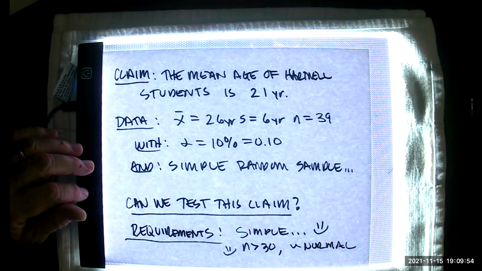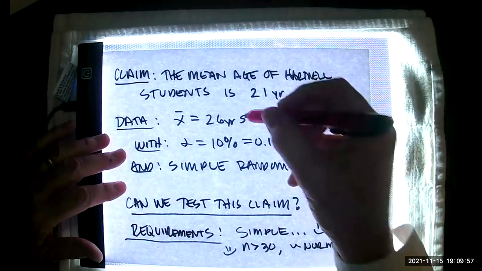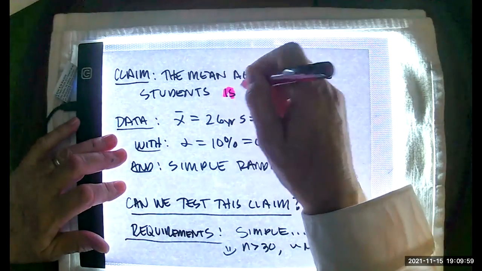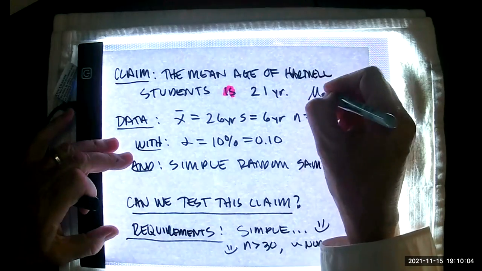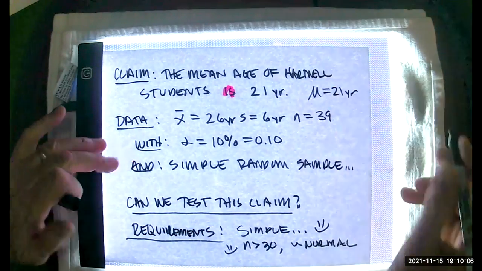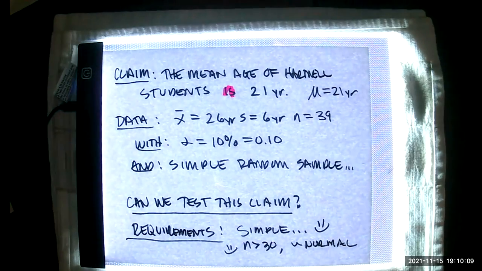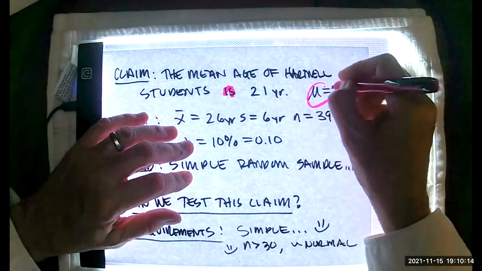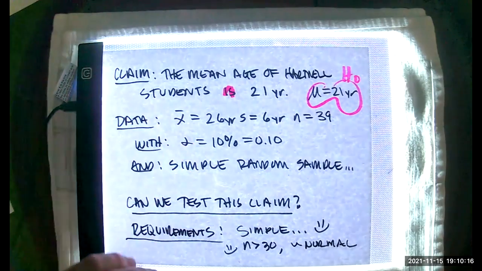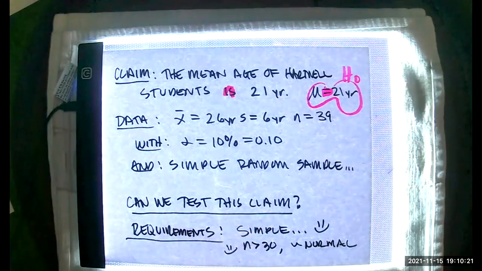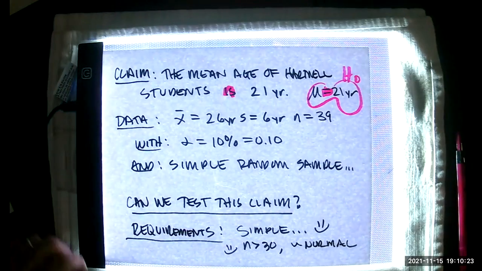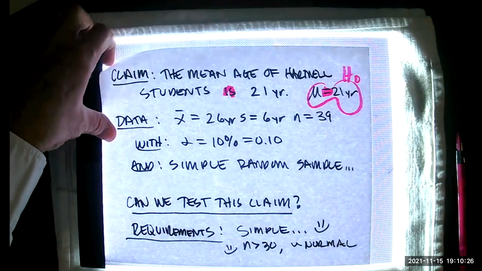What kind of a test do we have? Mean age is 21 years old. Looks to me like we have mu equals 21 years. Looks to me like we've got ourselves a two-tailed test. And I've been handed the null hypothesis. I know I've got a two-tailed test because when I have a claim of equality, the contradictory or complementary claim is not equal to.